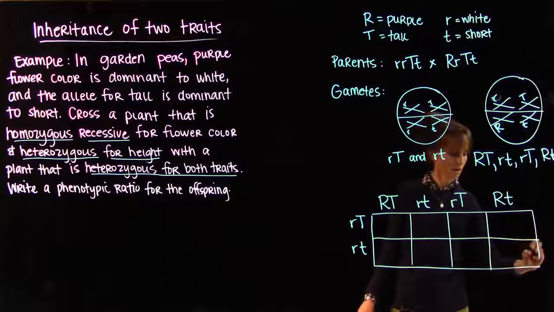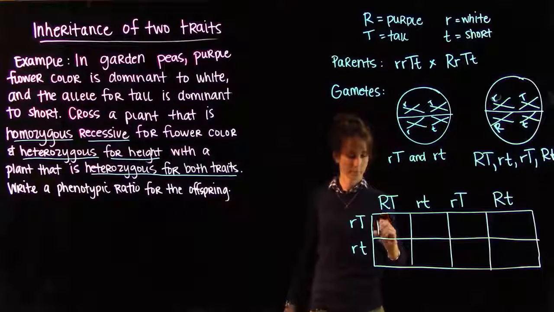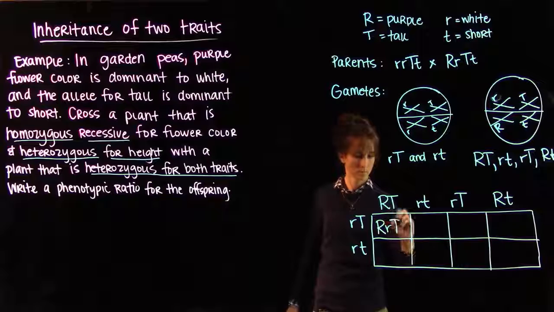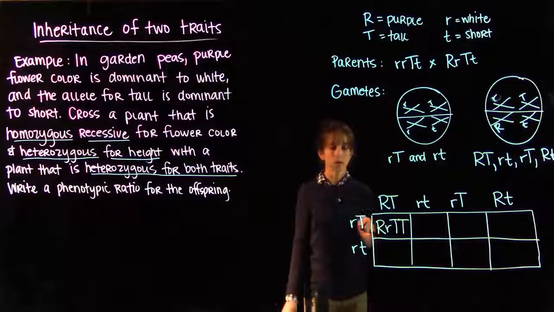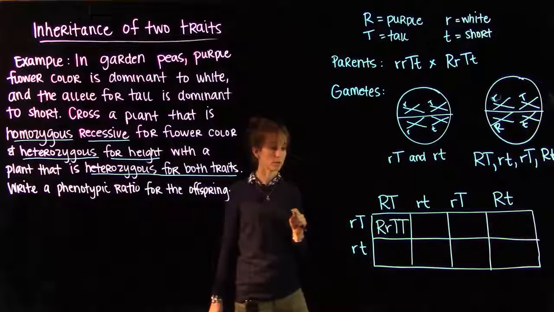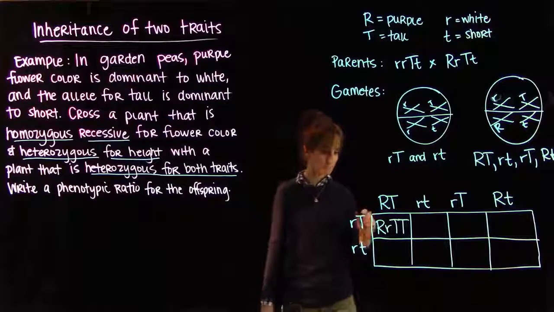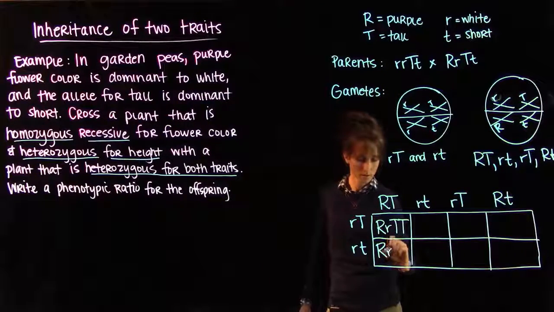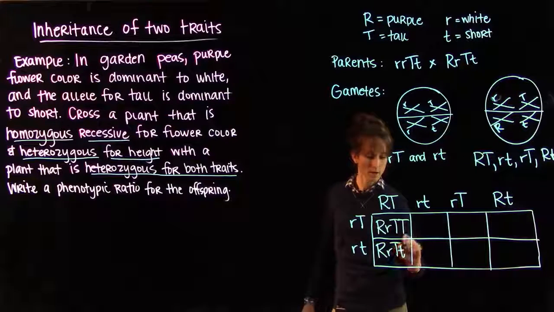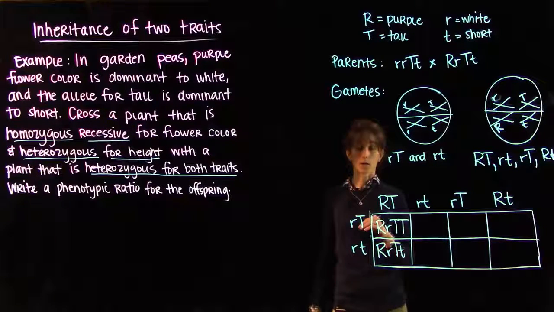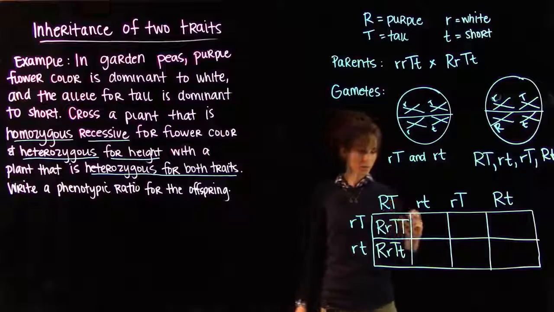And I can fill them all in. When you fill in a Punnett square like this, where you have 4 letters, it's best to put the 2 R's together and the 2 T's together. And if there is a combination of a big letter with a small letter, the big letter gets written first.